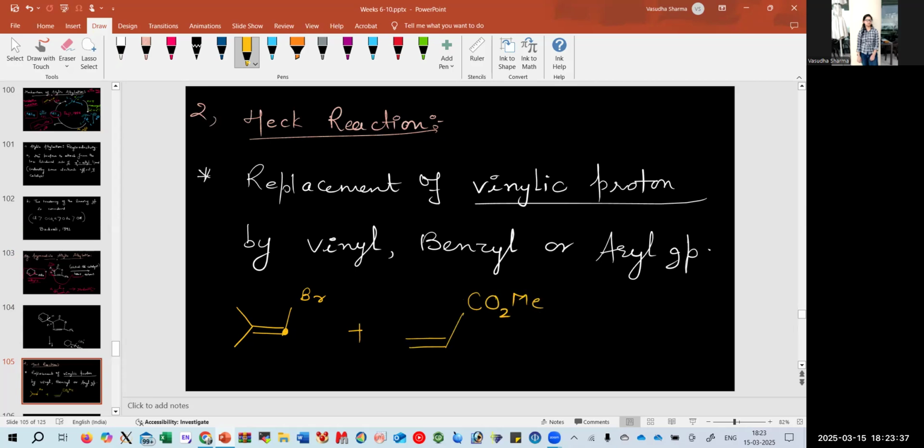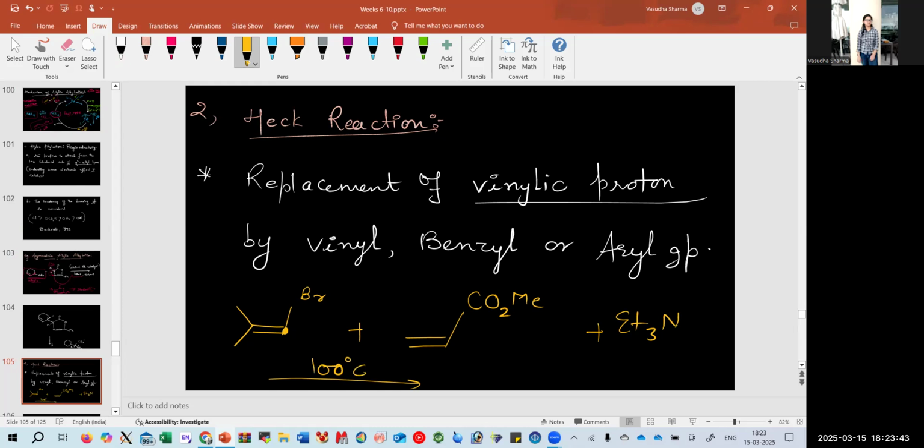CO2Me, in presence of base at 100 degrees Celsius using 1% palladium acetate and 2% PPh3.